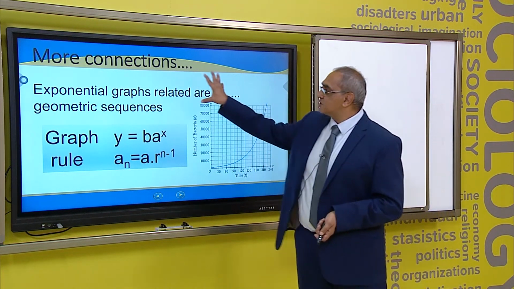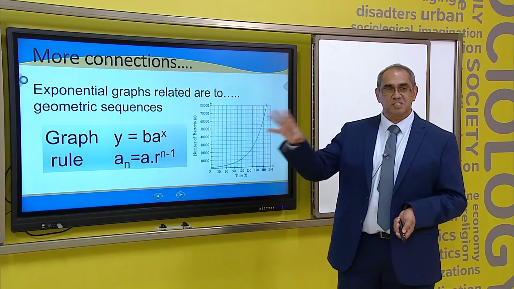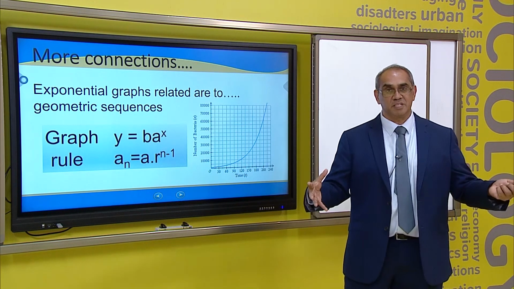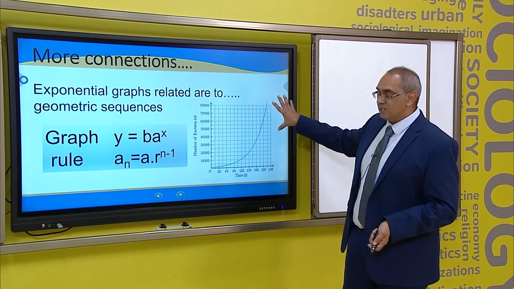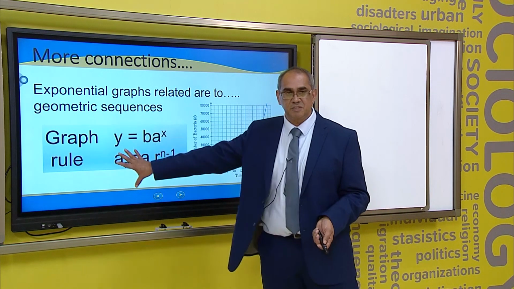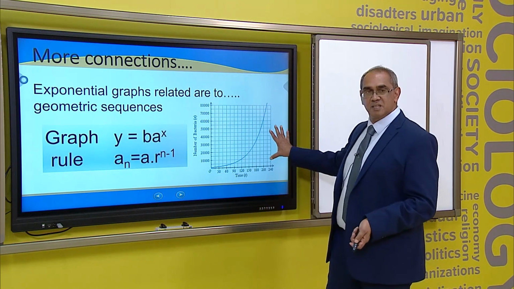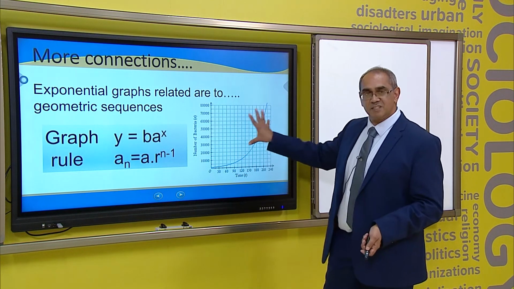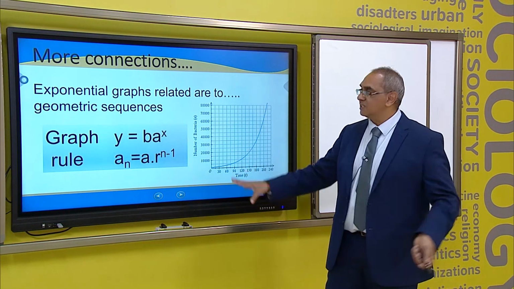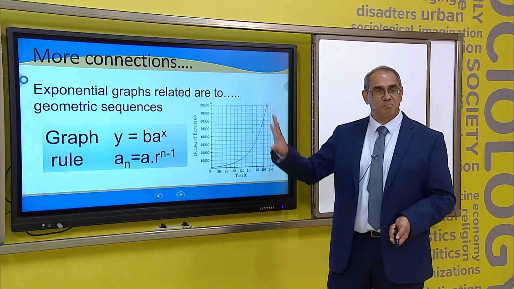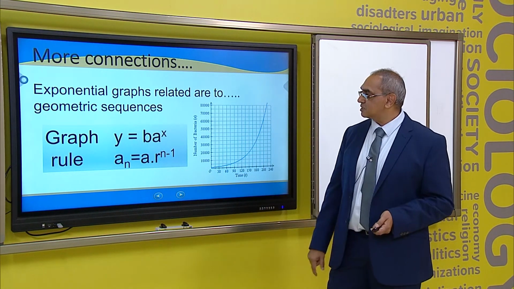Now, when we talk about geometric sequences, I just showed you it's connected to financial maths. It is also connected to what we call exponential graphs. And that whole example that we did with the COVID virus, this is what it's doing. And it's based on information like this that governments all over the world are taking action to do things, starting from simple things like patterns and geometric sequences.